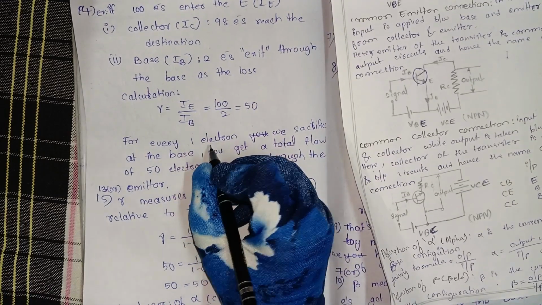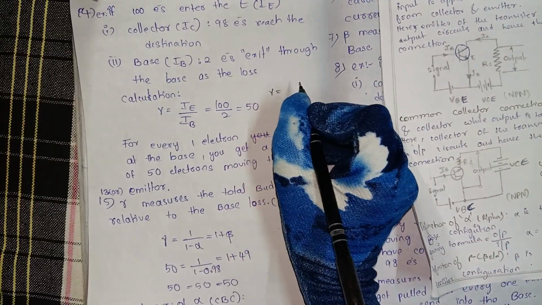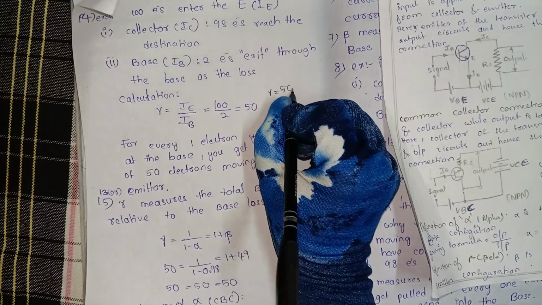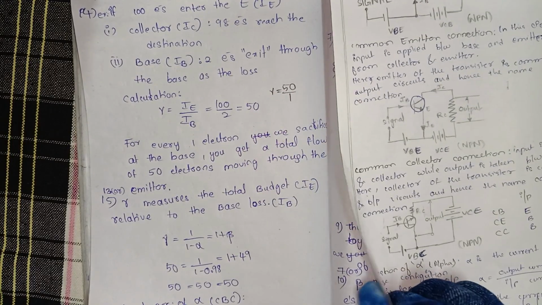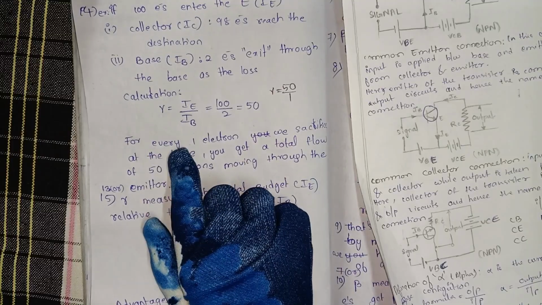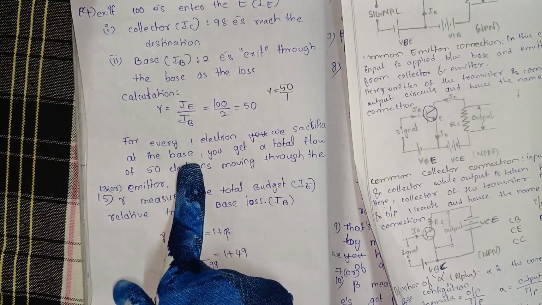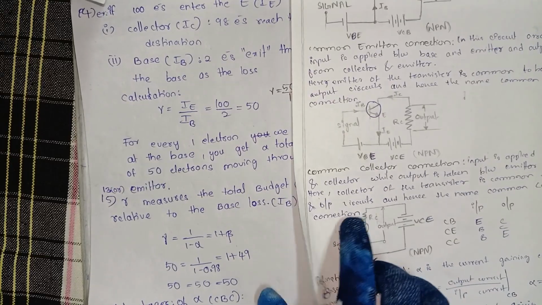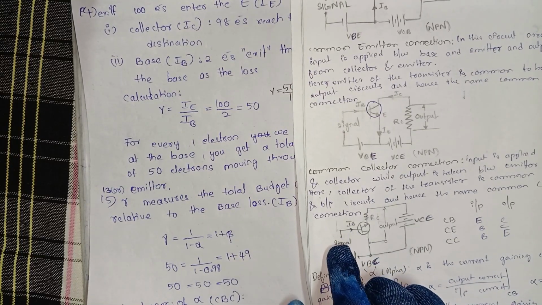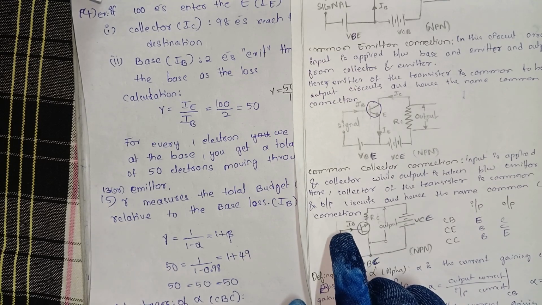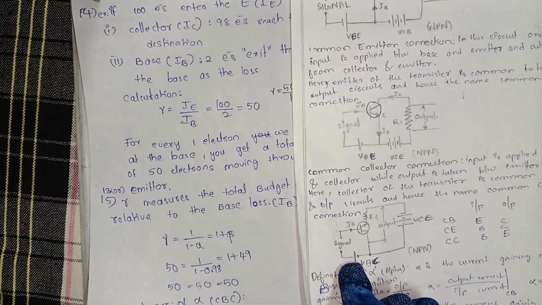So here, for this statement, we can write gamma is equal to 50 by 1. So why? It means for every 1 electron we sacrifice at the base, the electrons are excited through the base as a loss, recombined or pulled by the positive terminal.